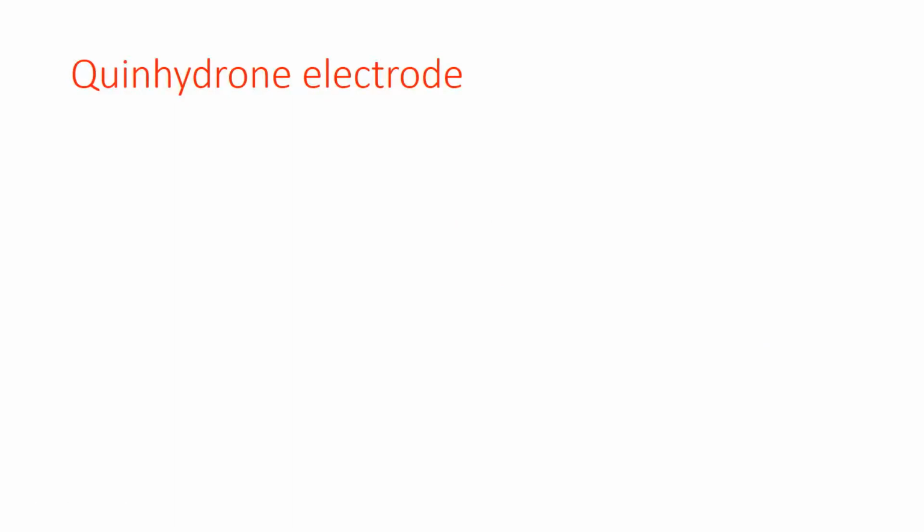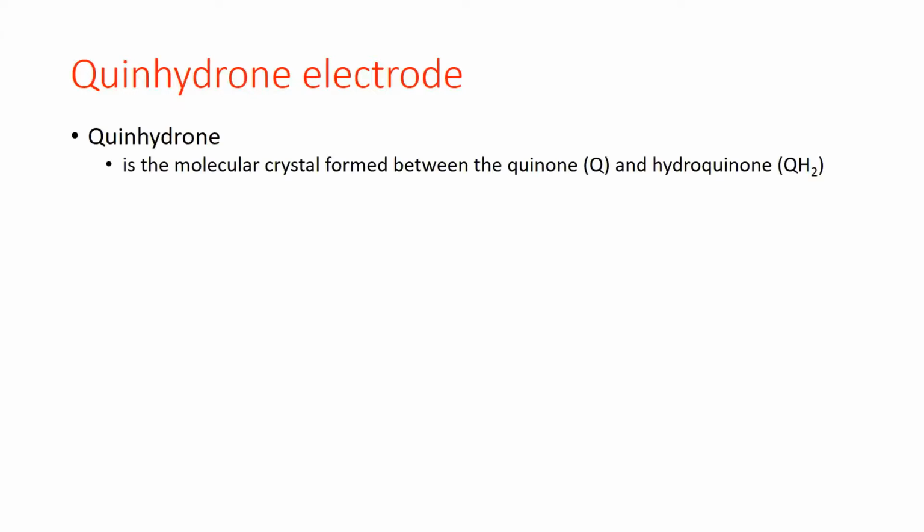Another electrode that can be used for determination of pH of solution is quinhydron electrode. Quinhydron is the molecular crystal formed between the quinone and hydroquinone.